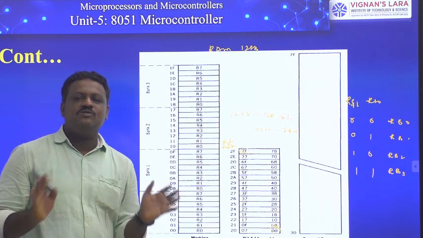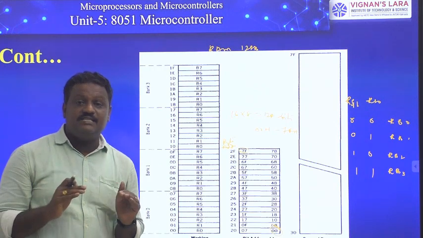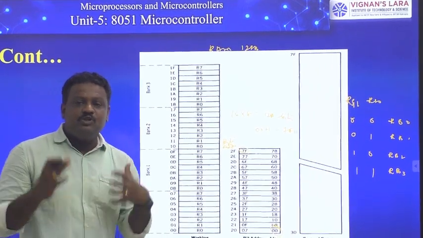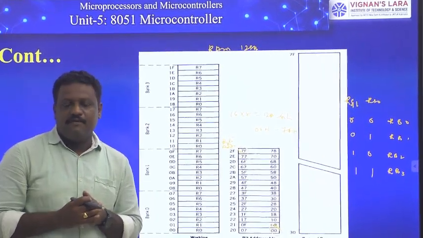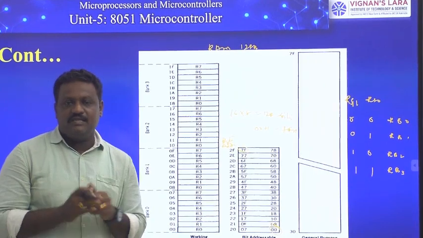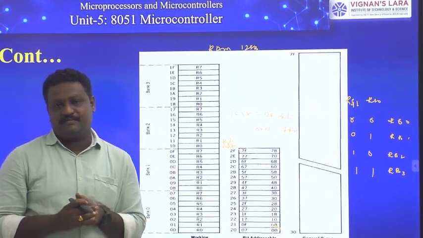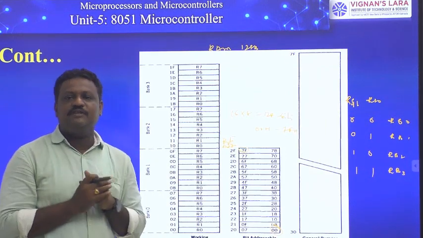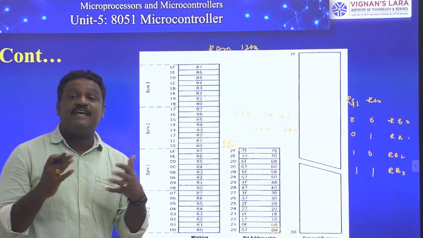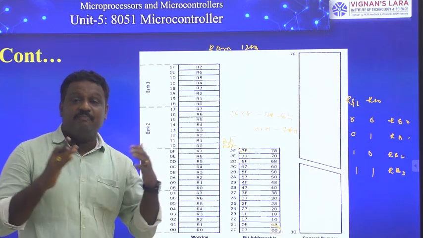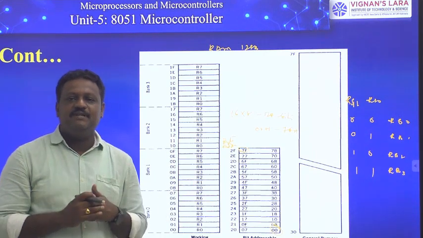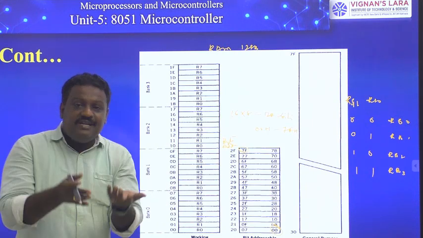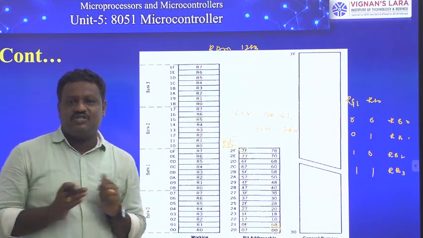is that your 8051 can do operations not only on bytes, it can do operations on bits also. For bit related operations, the carry flag acts as the accumulator. I repeat, for bit related operations performed in 8051, the carry flag acts as the accumulator. But for byte related operations in 8051, register A acts as the accumulator. Once you are doing a bit related operation, our operands are bits.